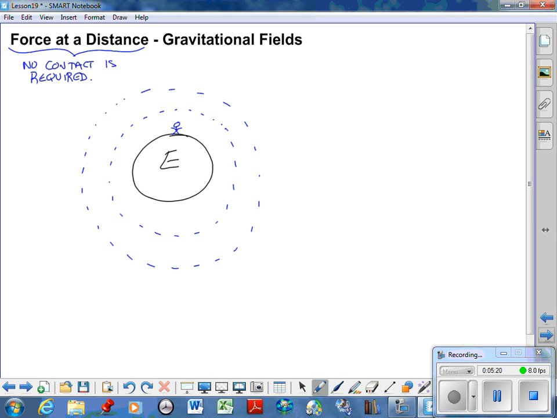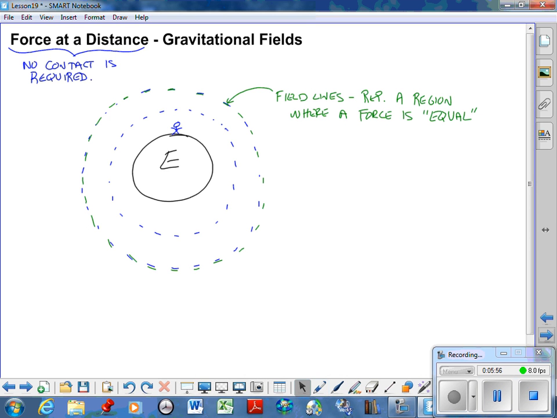These are what we call field lines, and field lines represent a region where a force is equal. So anywhere on that dashed line around the planet, you'd be experiencing the exact same gravitational pull.